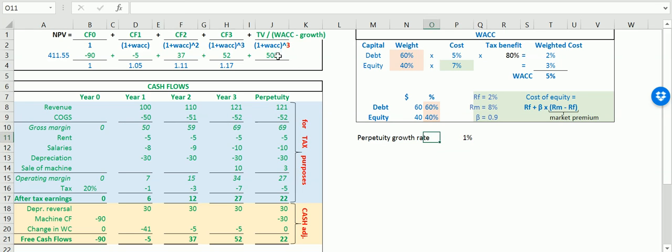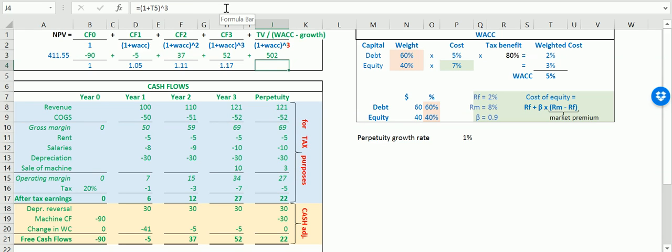Okay, so now let's have a look at the formula. As I said, the terminal value is the free cash flow for perpetuity, 22, divided by WACC, 5%, minus growth rate, 1%. That gives us 502.